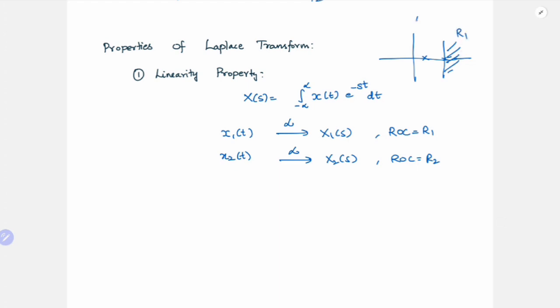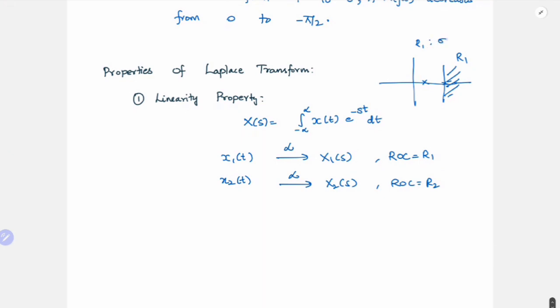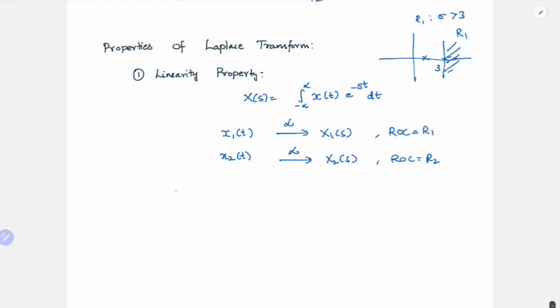So I can describe R1 as sigma greater than some value, that way. Like this I can define, and R2 similarly can have some other region of convergence. Then if I combine these two signals as A x1 of t plus B x2 of t, my Laplace transform will be A X1 of s plus B X2 of s, and my ROC now should be at least R1 intersection R2.